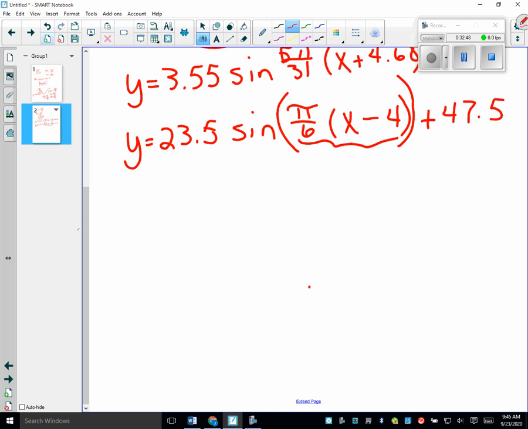So I have y equals, why is it a negative 4? Why is the amplitude negative? Does the graph start at the bottom? That's why it's negative. All right?